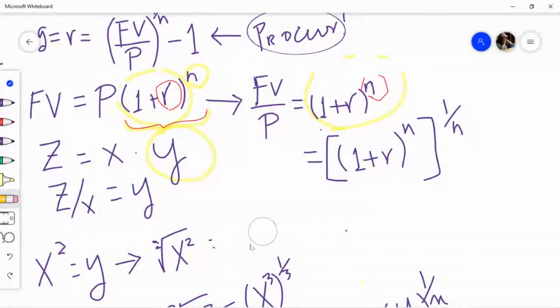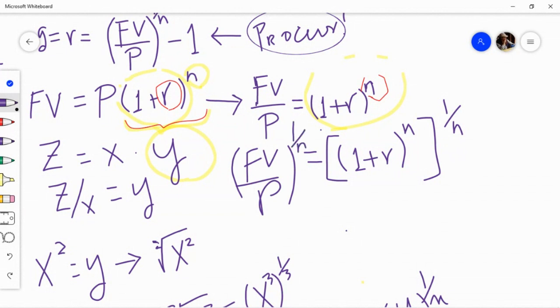So the left-hand side must also be raised to 1 over n. Now, the right-hand side will be free because n times 1 over n will cancel out each other. So the right-hand side will be freed. It will be 1 plus r.